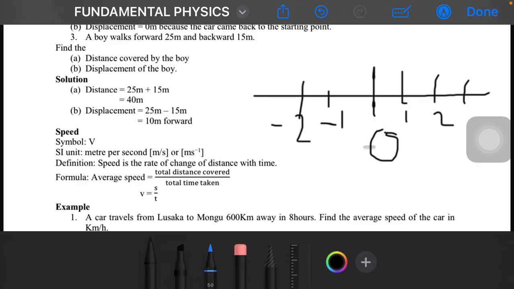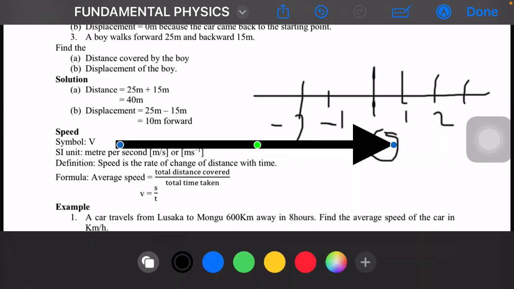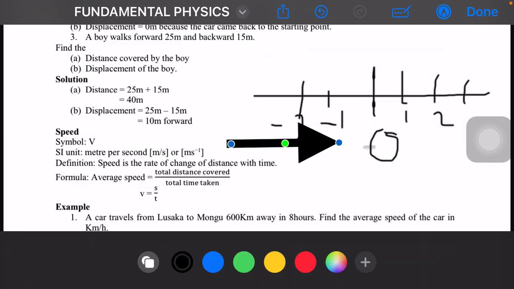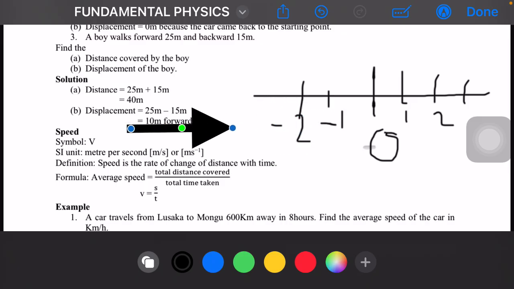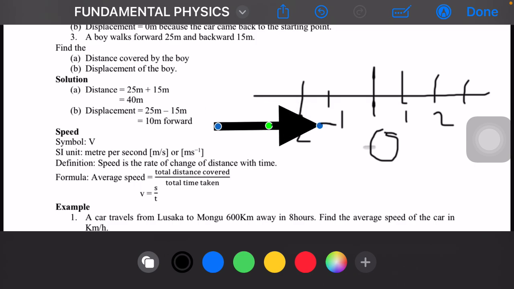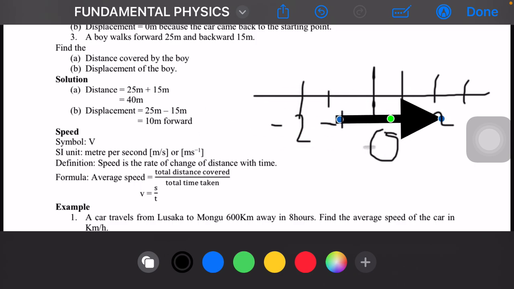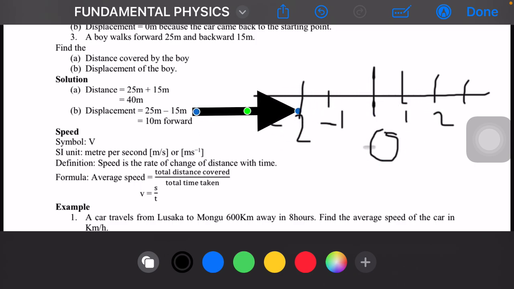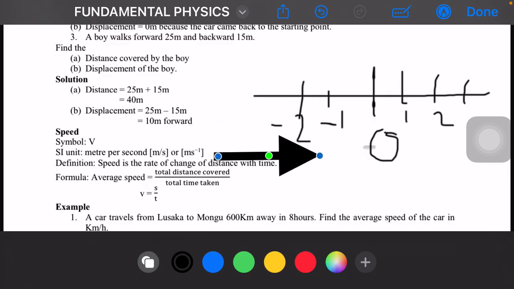Like I was saying, if you want to understand displacement, you need to think of it as a number line. When you're going to the right side, the numbers are positive, and when you're going to the left side, numbers are negative.